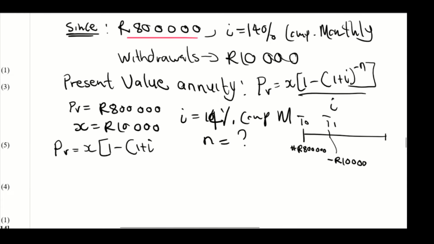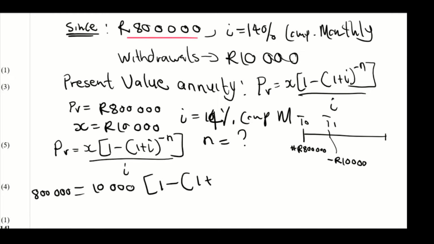So it's minus n divided by i, which is 800,000 and 10,000 here, into 1 minus 1 plus 14%, which is 0.14, divided by compounded monthly, which is 12, to the power minus n, all divided by 0.14.